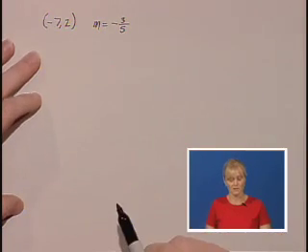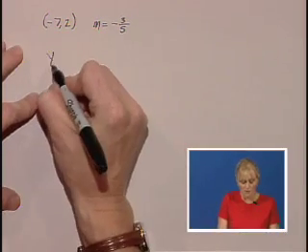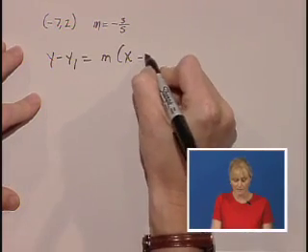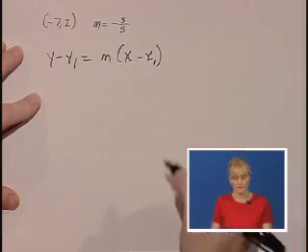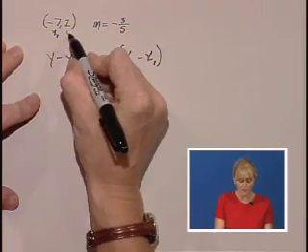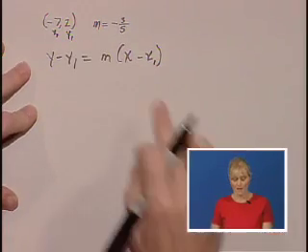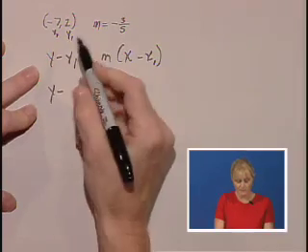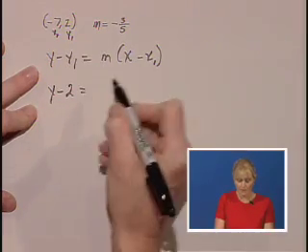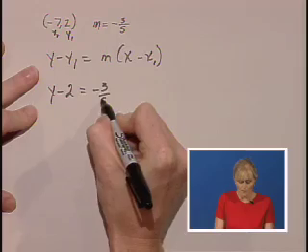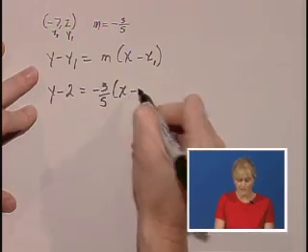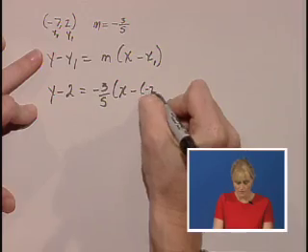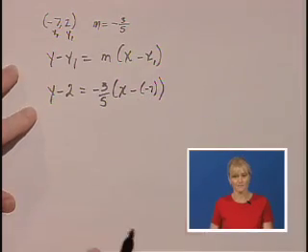So we're now ready to use the point-slope form: y minus y1 is equal to m times x minus x1. So if we label our point, we have an x1 and a y1, and we have our slope to substitute in as well. So we'll have y minus 2 is equal to negative 3/5 times x minus x1. x1 is negative, so watch your signs.